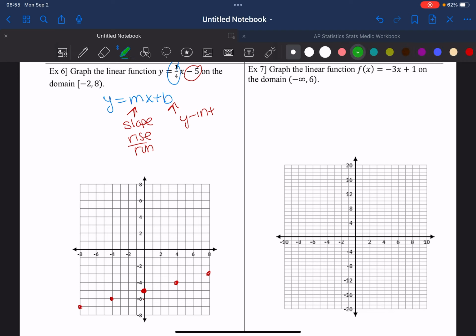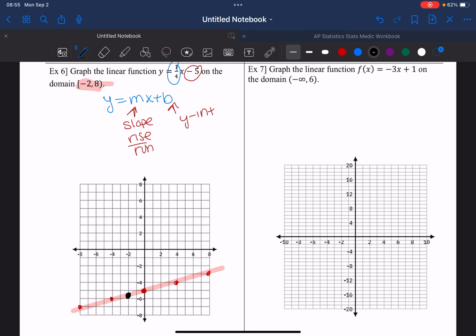So this right here is my line, but this is my line without following any restrictions. If I look at my domain here, I have the restriction that it's going to include -2. So I'm going to change the color of my pen. It's going to include -2, which is about right here, and I'm going to do a solid dot because it's including it with that bracket.